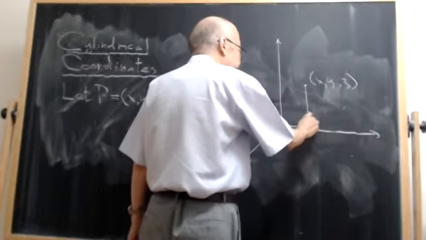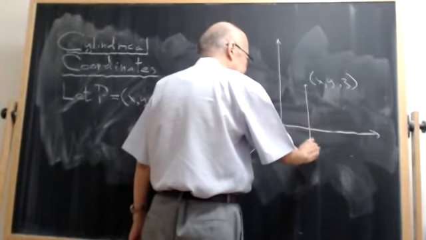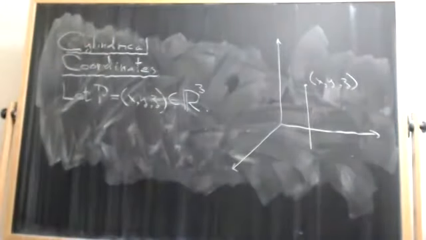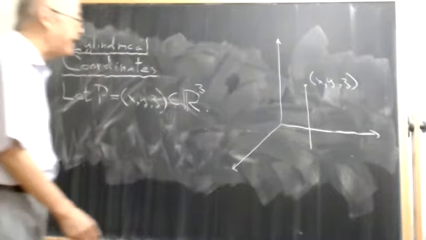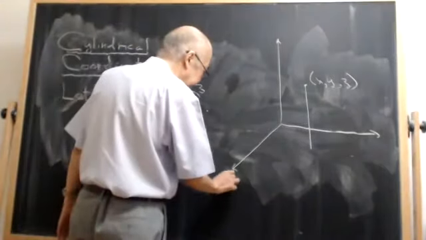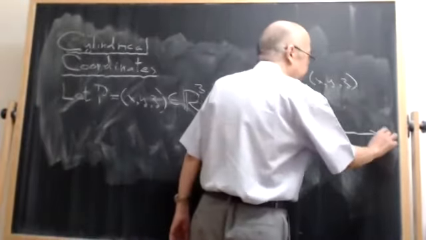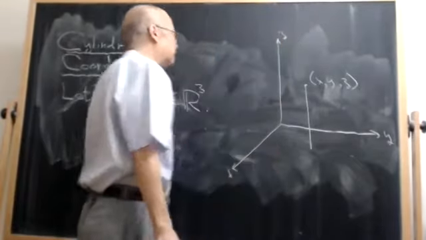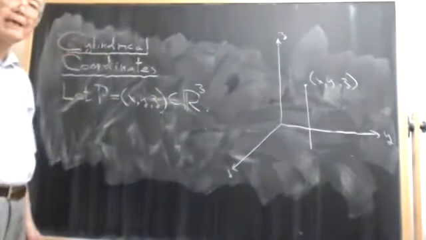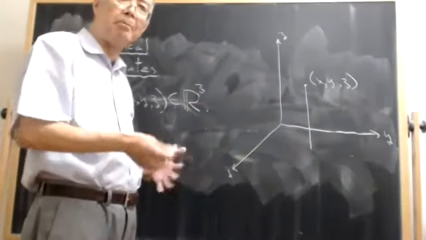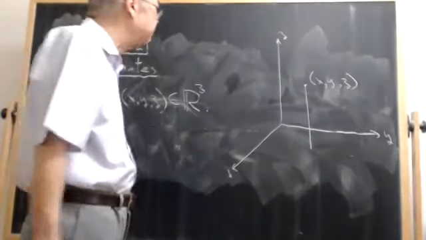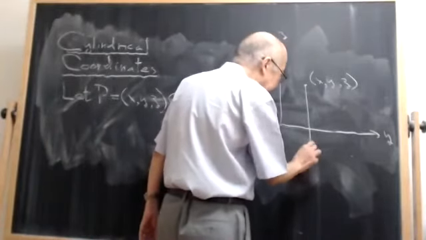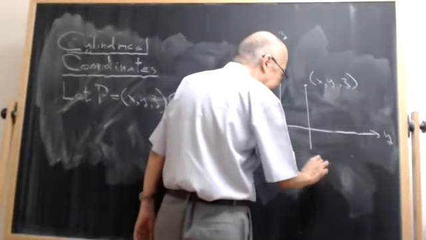I can drop a perpendicular from the point XYZ to the XY plane. This XYZ space is always a backdrop for what's happening. And then I am going to have X and Y, right?